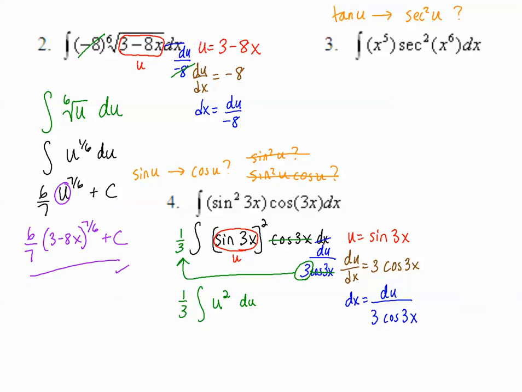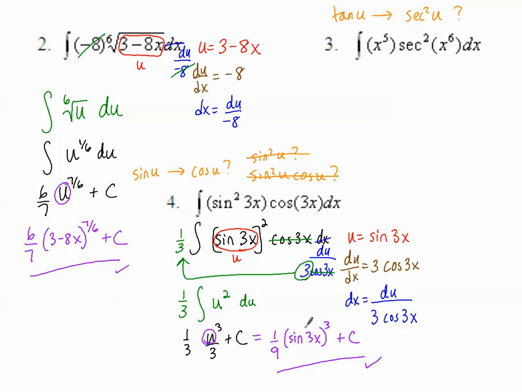Let's do the antiderivative. 1/3 on the outside, u cubed over 3 plus c, and plug it back in. We don't want to end with u in our answer, so 1/3. Actually, we could multiply our 3's in the denominator, make 1/9. The u is sine of 3x. That's all to the third plus c. Good. If you want to rewrite it with the exponent there, that's good too.